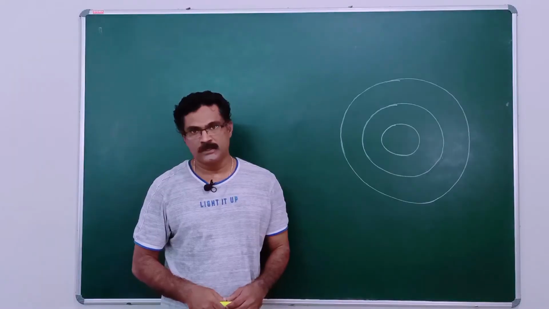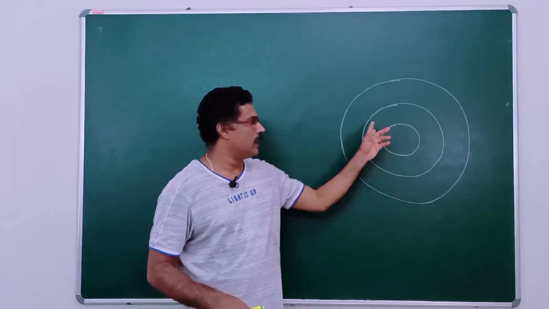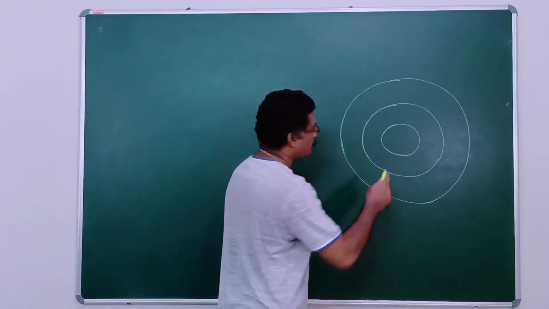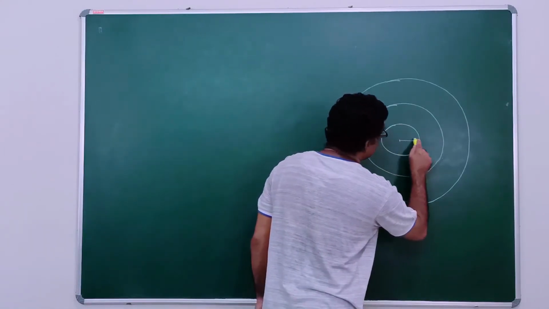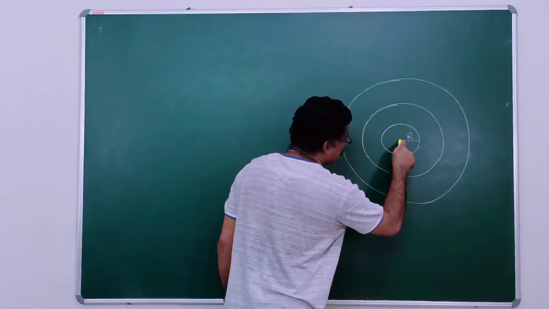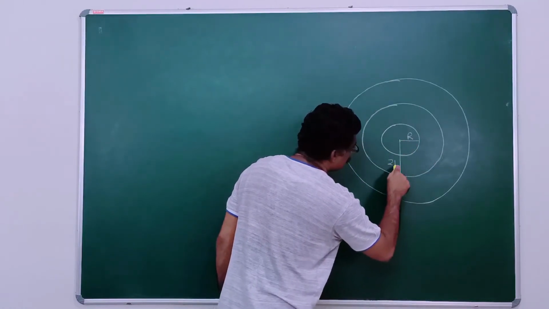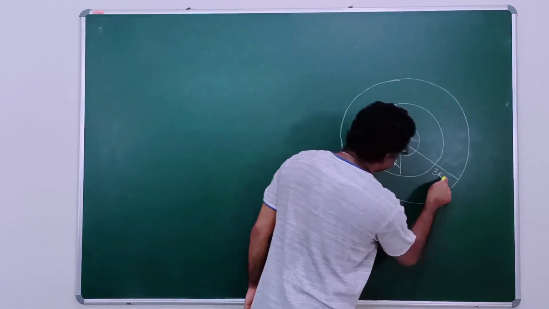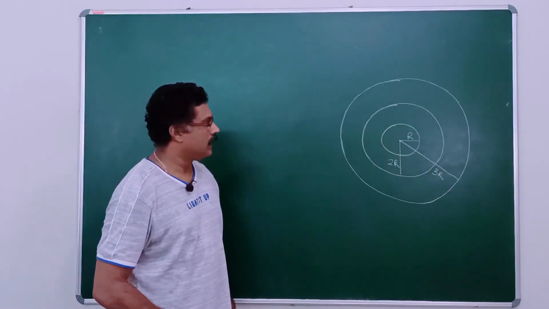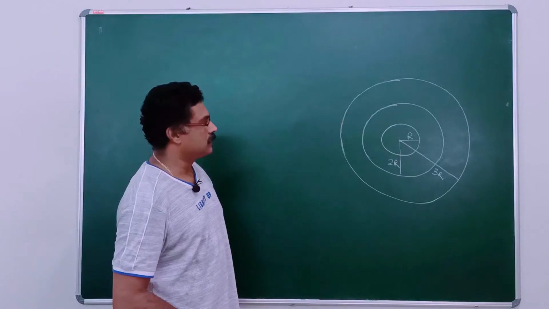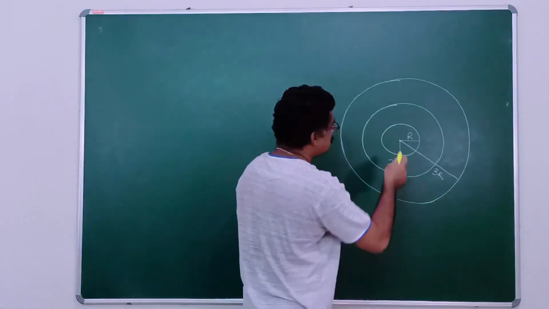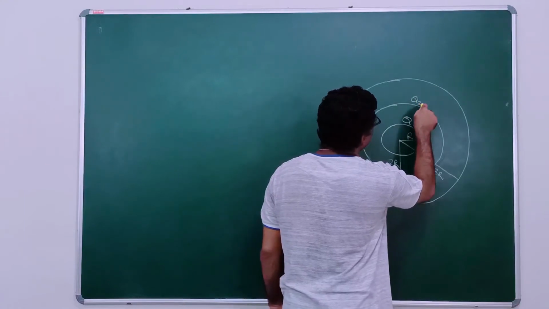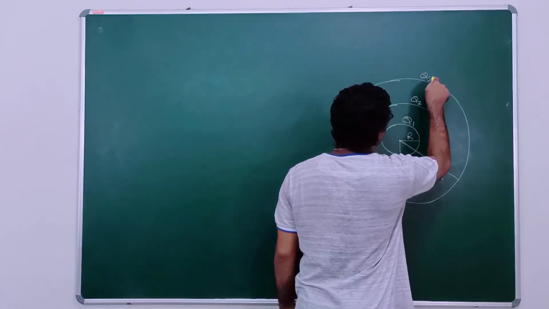Okay, students, in this question we are given three concentric metallic spherical shells of radius R, 2R and 3R. These shells are given charges Q1, Q2 and Q3.